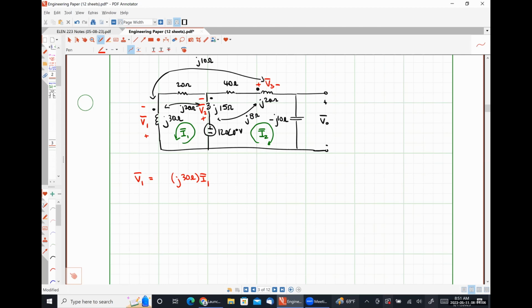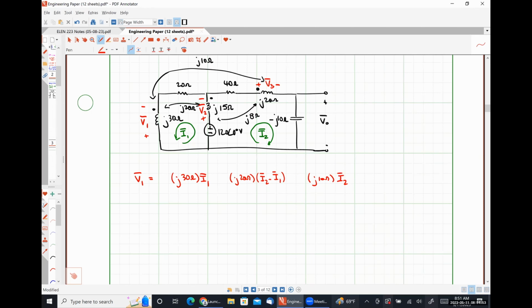That coupling between those two was J20, and the total current flowing through there is I2 minus I1. And then we're going to have the coupling between coil 1 and coil 3, which is J10, and current flowing into the dot is I2.